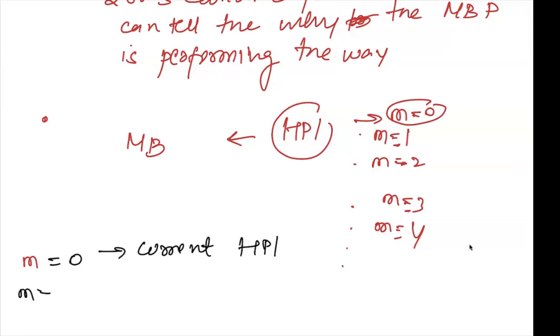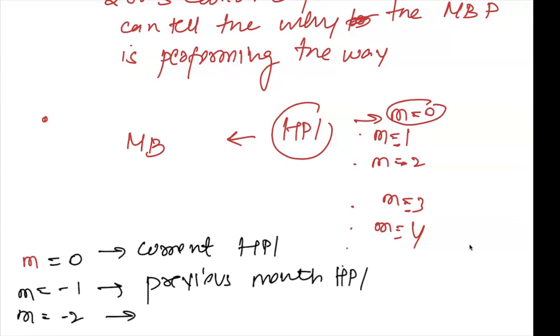M equal to -1 basically means previous month housing price index. Similarly, M equal to -2 is basically lag 2: two months back, what was the housing price index?